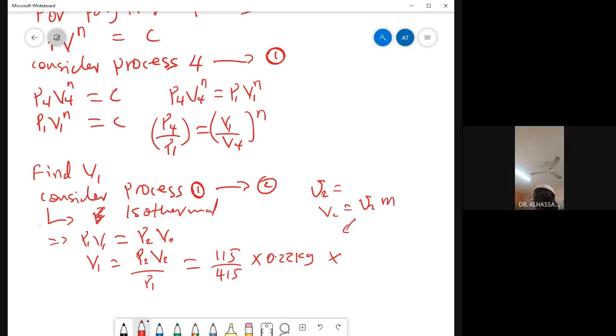So in this way, we have 0.22 kilogram of the gas times 0.12 meter cubed per kg.